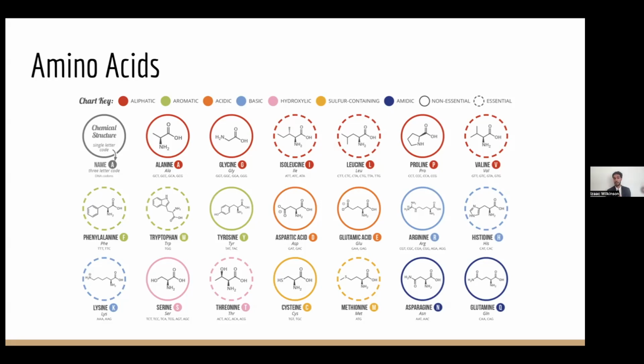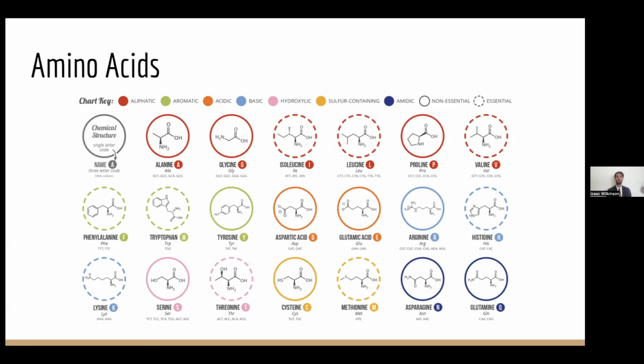For example, in something like cysteine, this would be the disulfide bonds that stabilize the tertiary structure. And then finally, the amidic group, which stabilize the protein surfaces through hydrogen bonding and polar interactions. So that is a general overview of the canonical amino acids and how they transfer that genetic information.